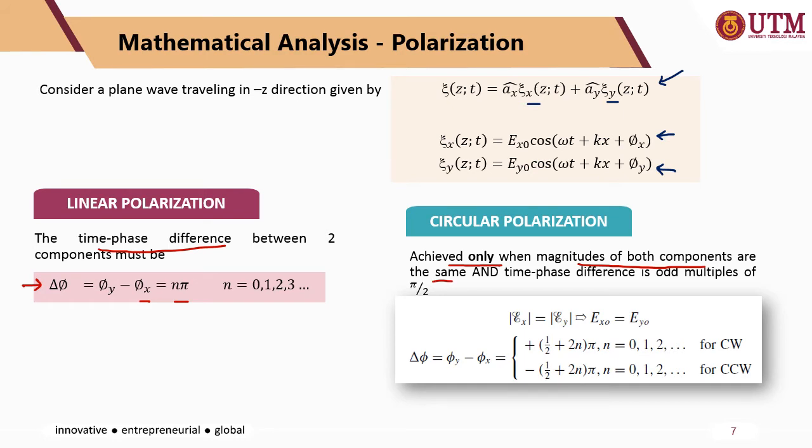The magnitude must be the same length, and the time phase difference is an odd multiple of π/2, an odd multiple of 90 degrees. So for circular polarization, the magnitudes of both components are the same, and the time phase difference must be an odd multiple of π/2 or 90 degrees. Either it is clockwise or anti-clockwise. So we can say that the components are orthogonal to each other.